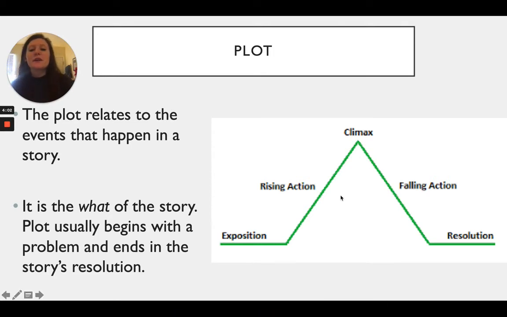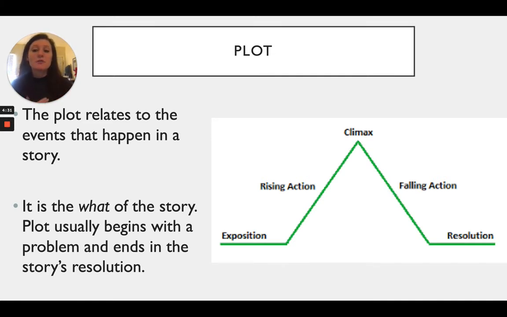So then after that, we start to have a rising action. So that's where we already know what the problem is, but now we're starting to see how they're trying to figure out this problem, and it builds and builds and builds until we get to what is called the climax. And the climax is where now they figure out the problem, the conflict that's going on, and they get it figured out.